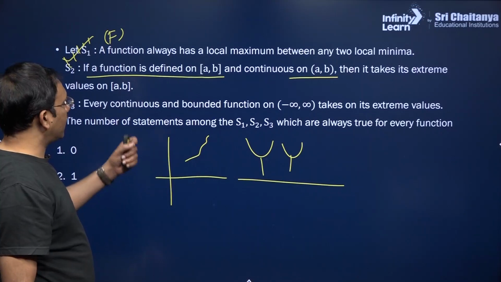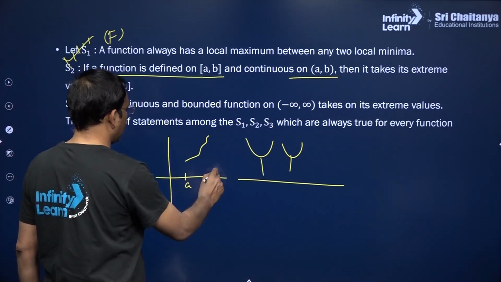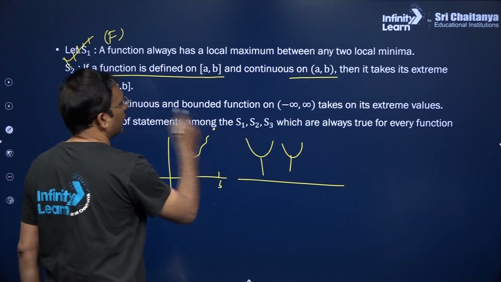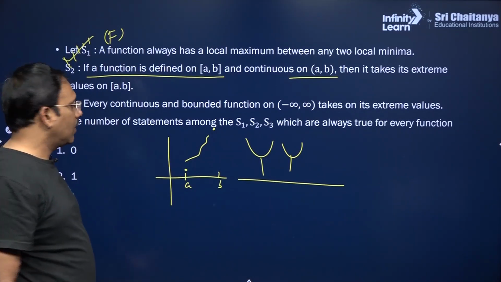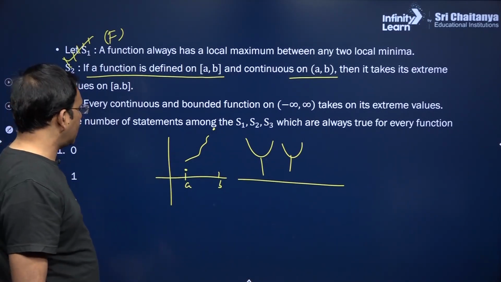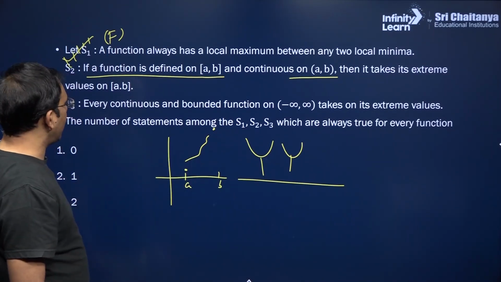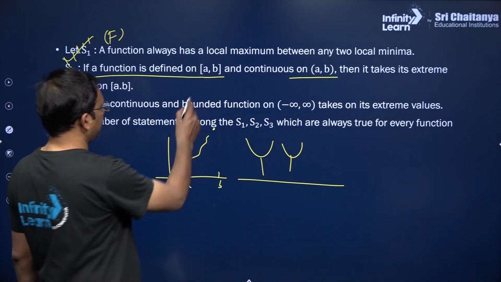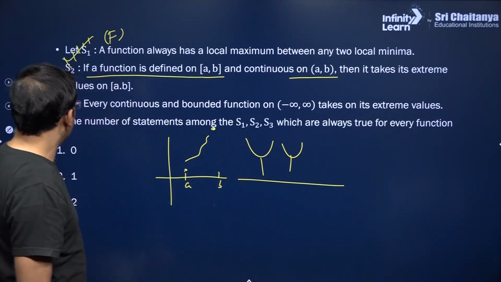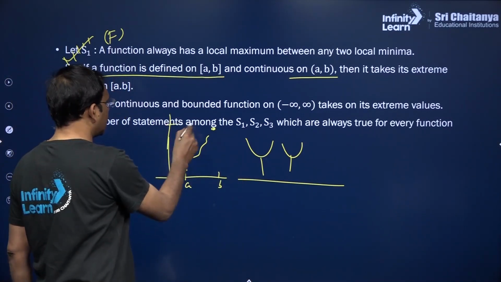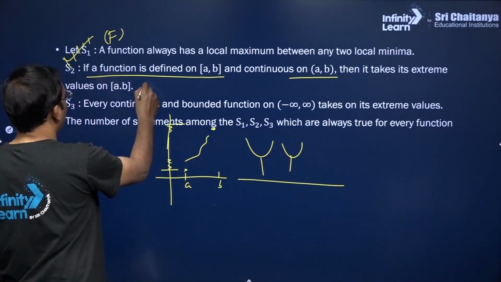So a function is defined on closed AB and continuous on open AB, that means f of a, f of b may be somewhere, okay. Then it takes extreme values on closed AB, it may or may not take, my dear friends, because f of a, f of b may be somewhere, maybe these are extreme values, it may not take certain values. So this is also false.